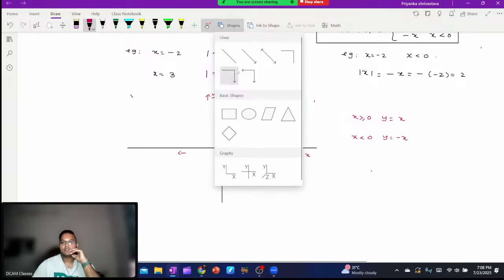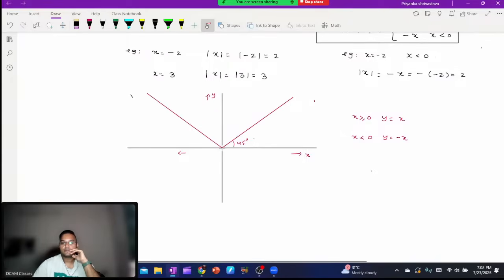So the graph is like this. Now, can you tell me what will be its domain and range? Domain would be minus infinity to infinity, whereas range would be just 0 to infinity. Very good.